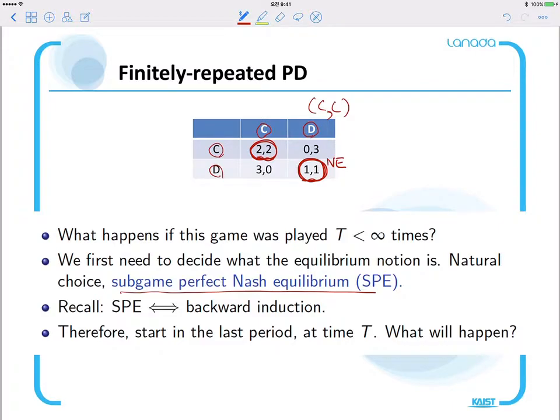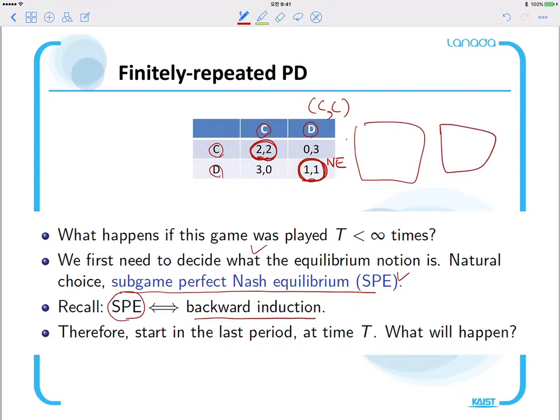So we're wondering what the equilibrium would be, where we're mainly interested in the subgame perfect Nash equilibrium. Please recall that the subgame perfect Nash equilibrium can be computed by backward induction. Backward induction can be regarded as an algorithm to find subgame perfect Nash equilibrium.